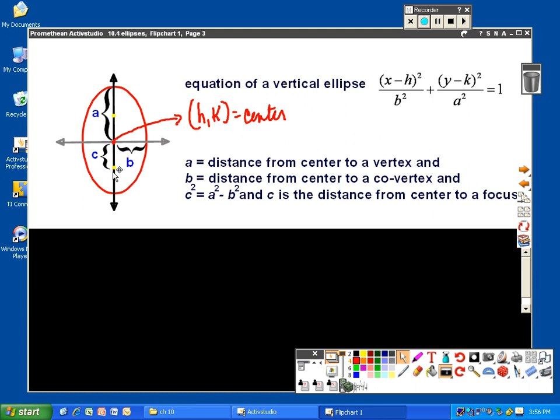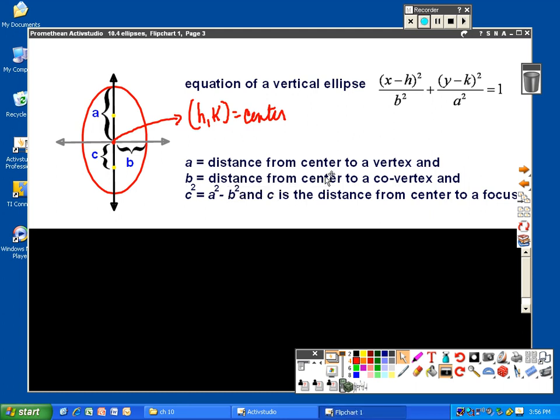Again, since I added to form the ellipse, to find the focus, I will subtract the squares. Notice that this is elongated on the y-axis, so y is major. So notice a is under the y.